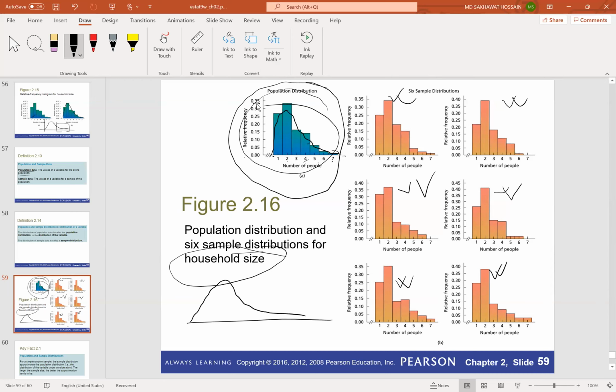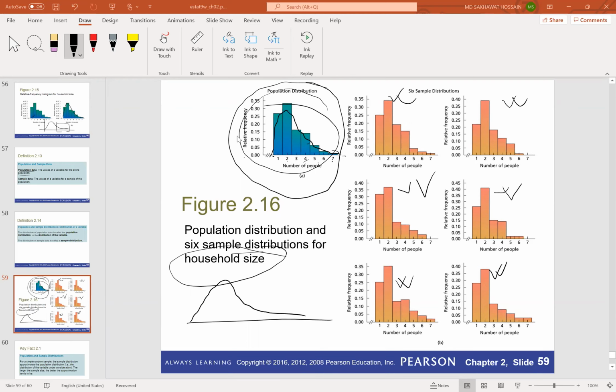So which one is the distribution of the household size? Yes, it is right skewed, you are correct. But my question is, which one is the distribution of our variable? Anyone? The first one, yes.